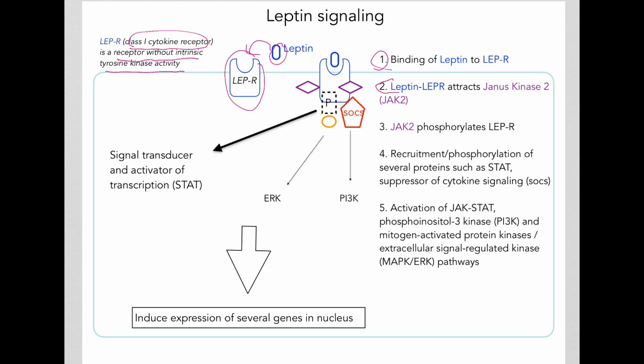However, when it is bound by leptin, the receptor attracts a tyrosine kinase called Janus kinase 2, or JAK2. JAK2 is attracted to the receptor when the signal leptin is bound. This tyrosine kinase will phosphorylate the receptor, and this phosphorylated receptor will now be a place where several proteins will be recruited and phosphorylated.